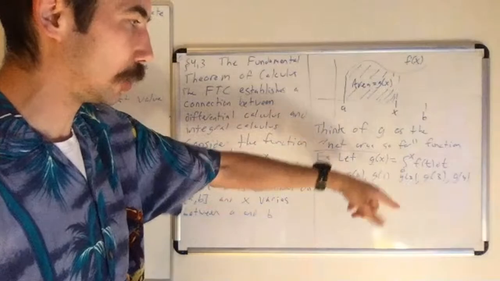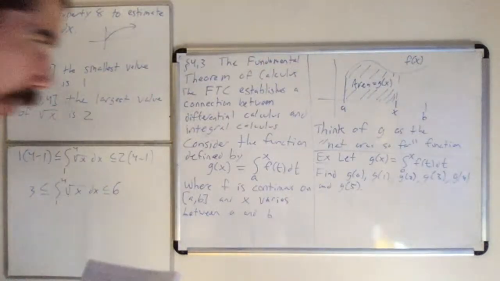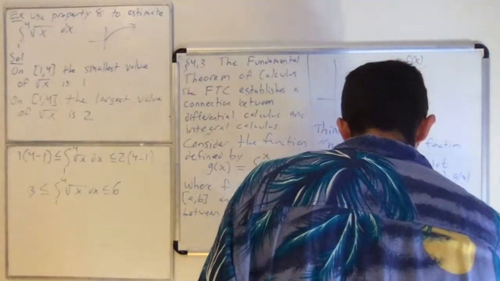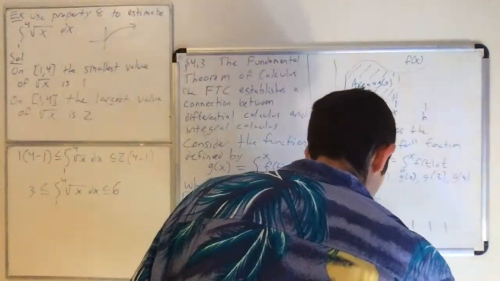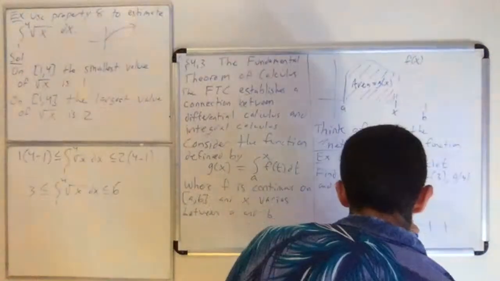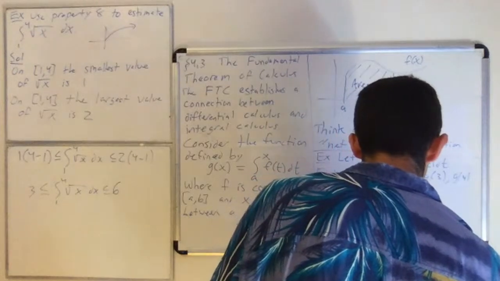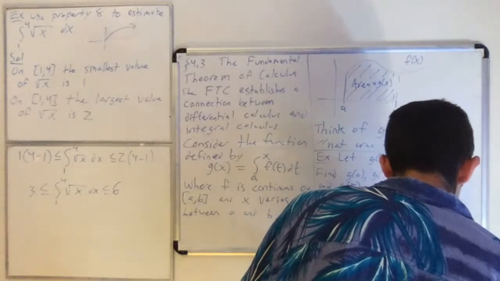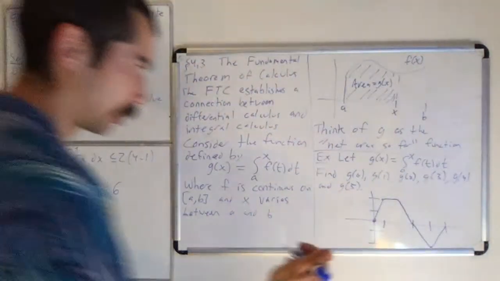Find g of 0, g of 1, g of 2, g of 3, g of 4, and g of 5. f is this function.